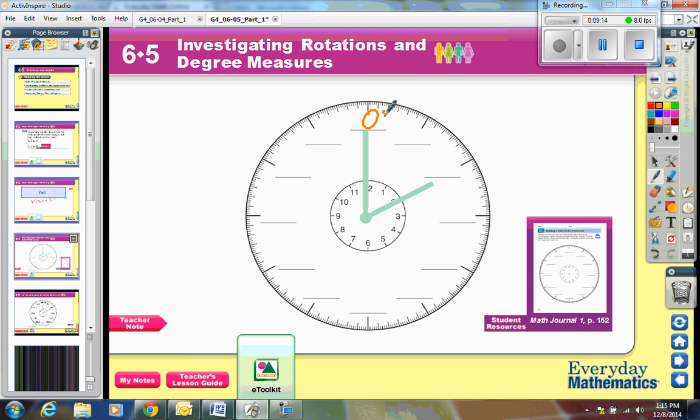Now, I want you to take your straw and fold it in half and place it on the center of the circle on your page 152. Bend the straw so that you touch the center of the circle, and both of your straw halves should point to your 0 degree. You should have a single line like mine on the screen.